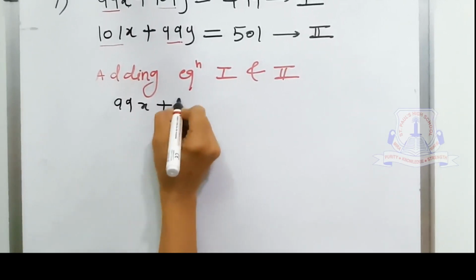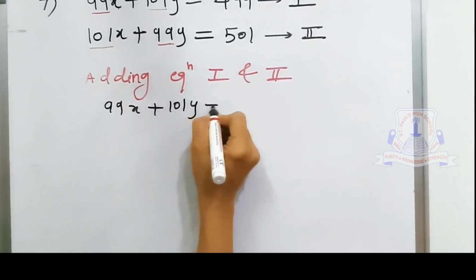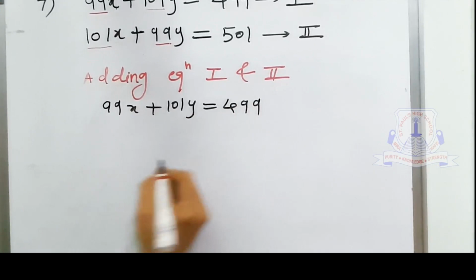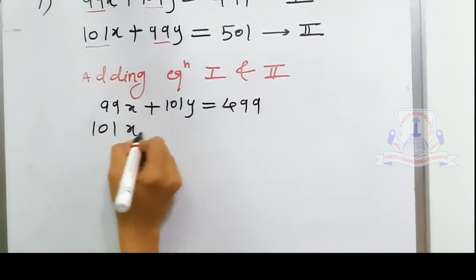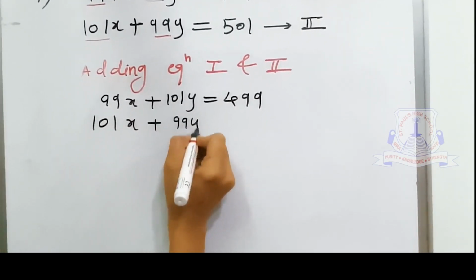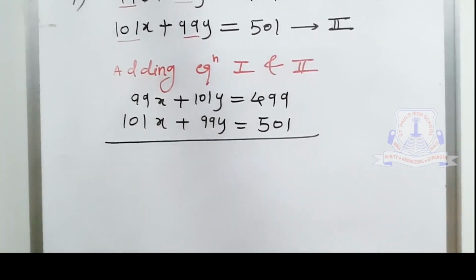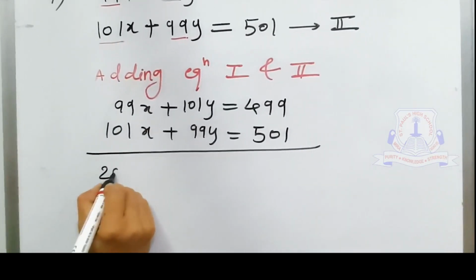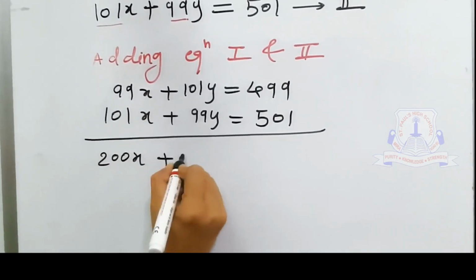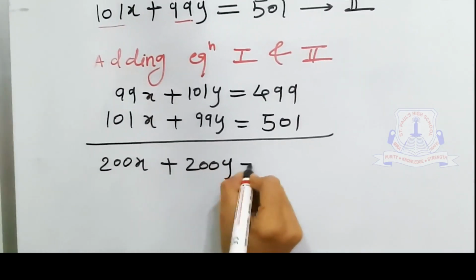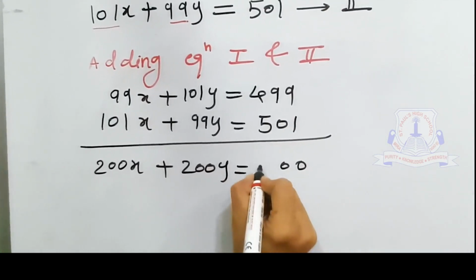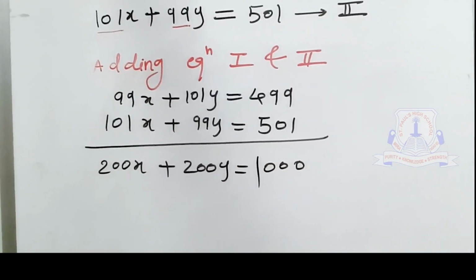99x plus 101y equal to 499. 101x plus 99y equal to 501. I will get 200x plus 200y equal to 1000.